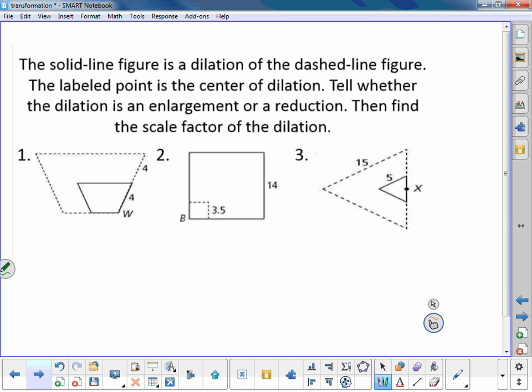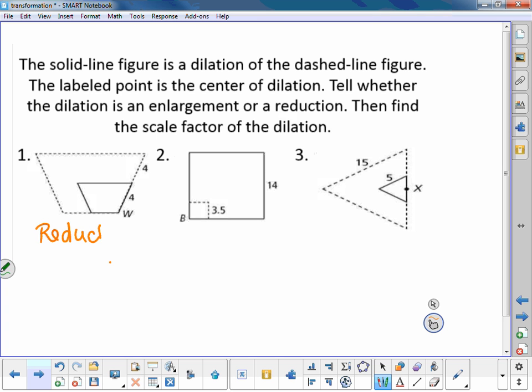So we're going to decide if this is an enlargement or a reduction. The solid is the dilation of the dotted. So your dotted is your pre-image, your solid is your image. So you can see if I started with the dotted and went to the solid, this is definitely a reduction.